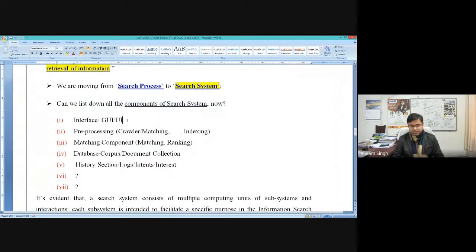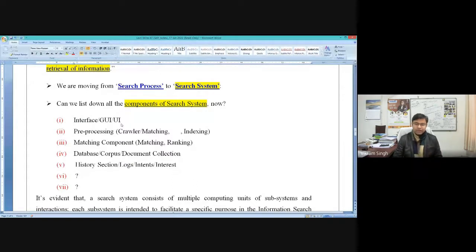Naturally, if you are trying to design a search system, you need certain components. It could be hardware, or a simple GUI, because GUI is the first element we are placing. Maybe a graphical user interface, sometimes just called a user interface.